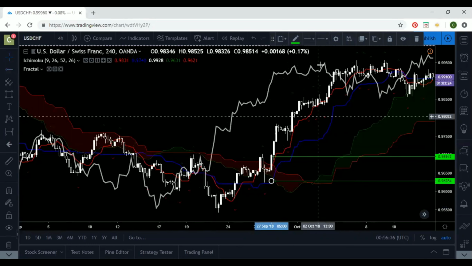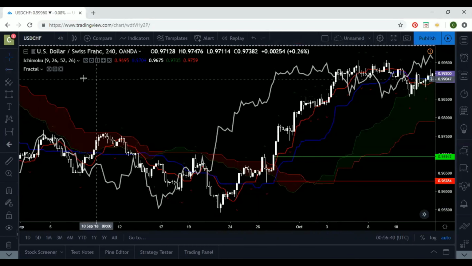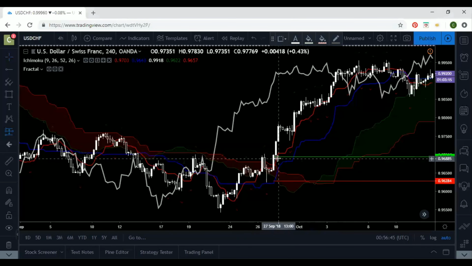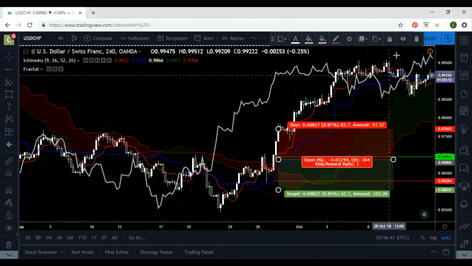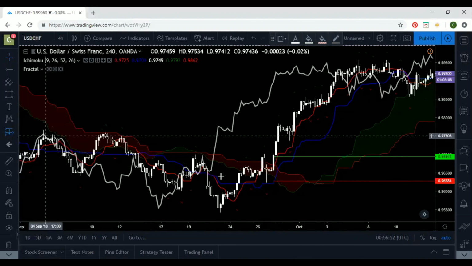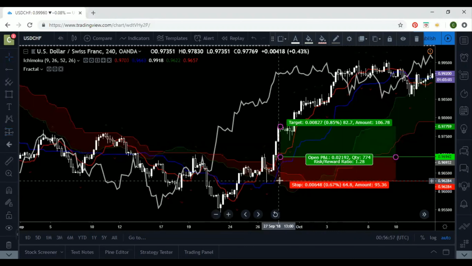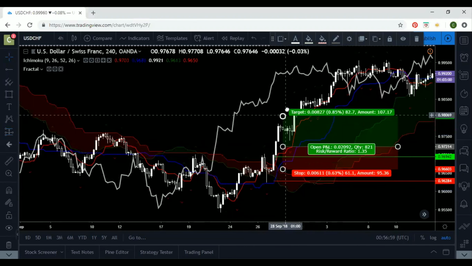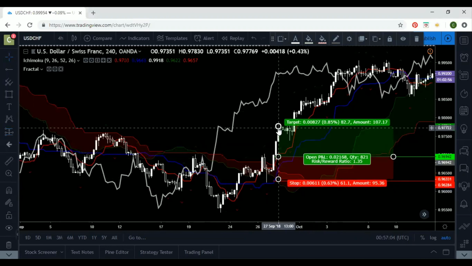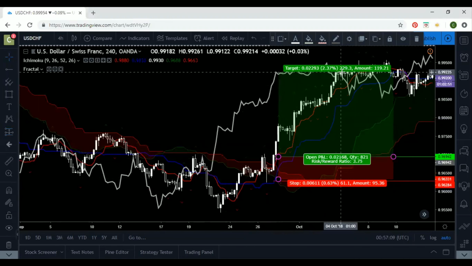So let me make that red for you guys. Take profit somewhere in here once you see Chikou span break.